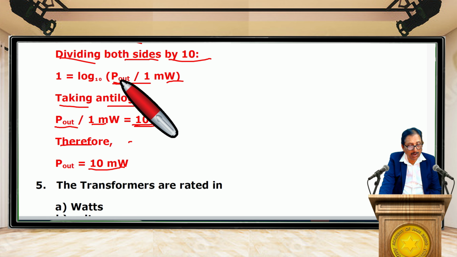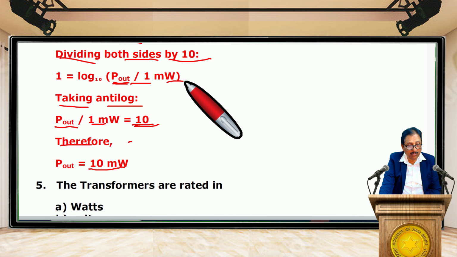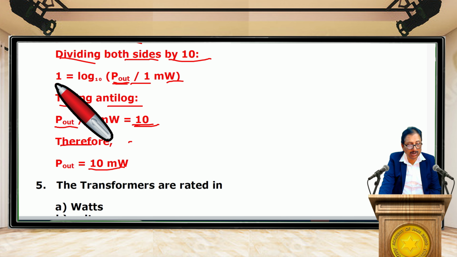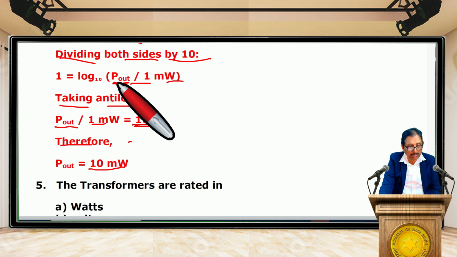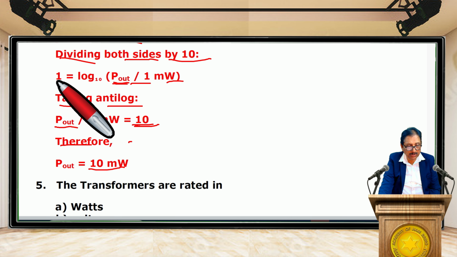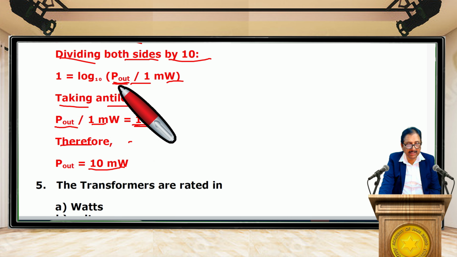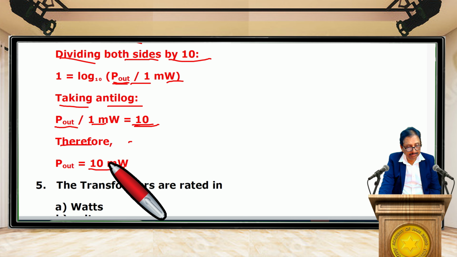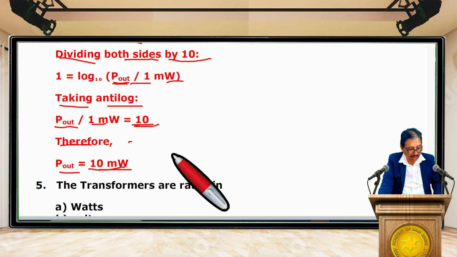See, this log of P out by 1 milliwatt to the base 10 is equal to 1, which means P out must be 10. Then only it becomes 1. Using this logarithmic formula, P out is equal to 10 milliwatts.